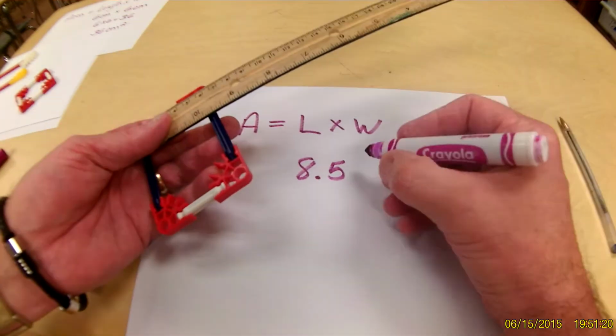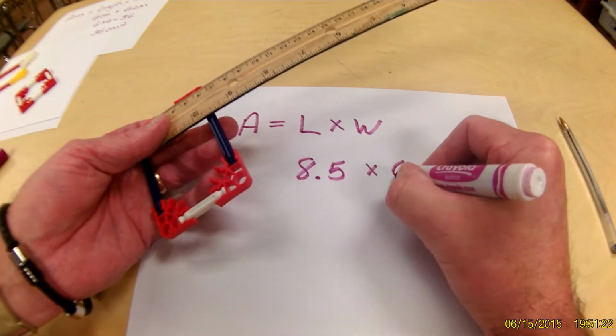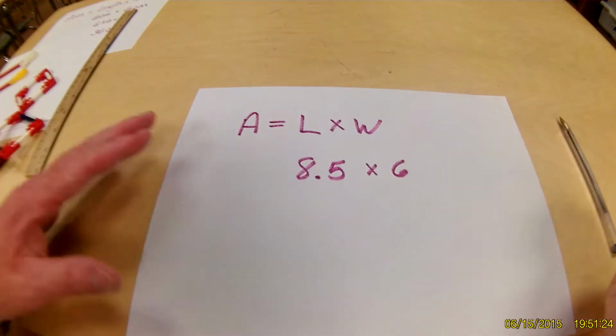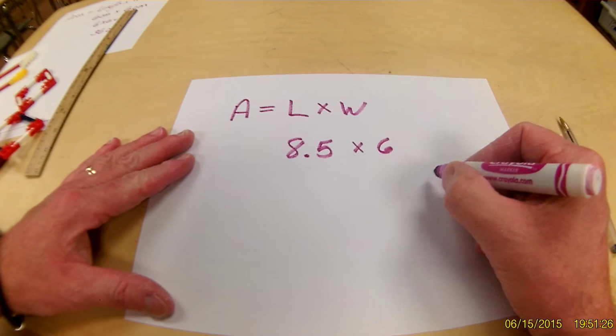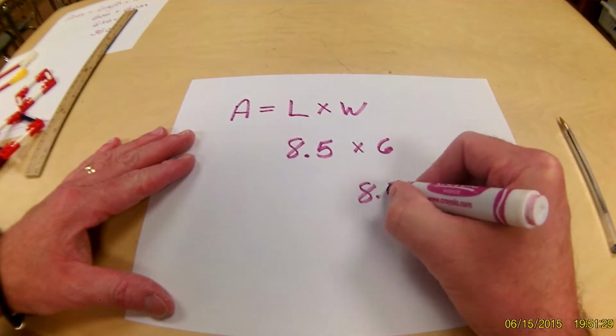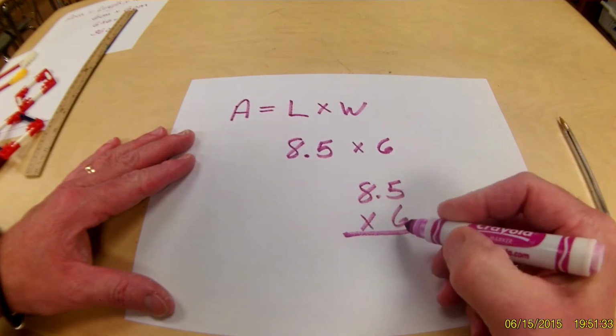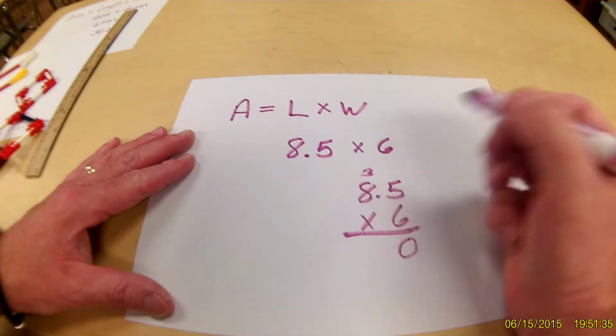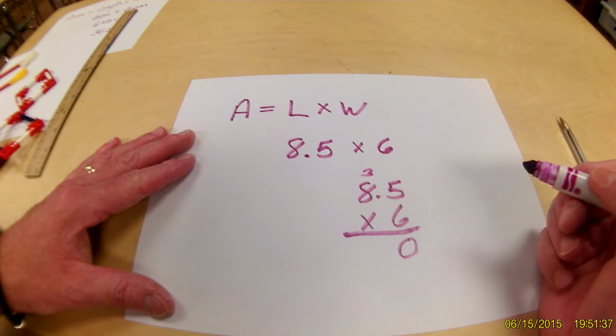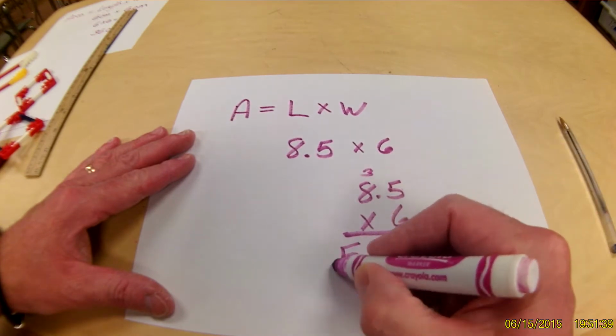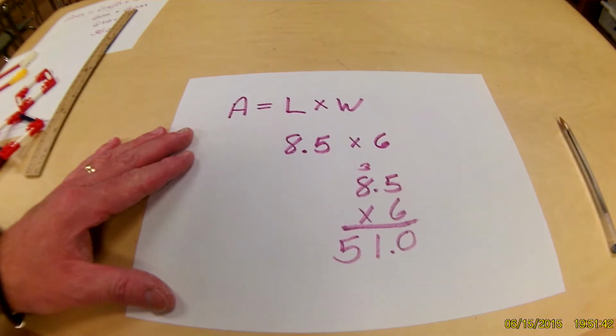So it is 8 5/10 times 6. If I were to actually do the math here, I'd have 8 5/10 multiplied by 6. 6 times 5 is 30, carry the 3. 6 times 8 is 48 plus 3 gives me 51 centimeters.